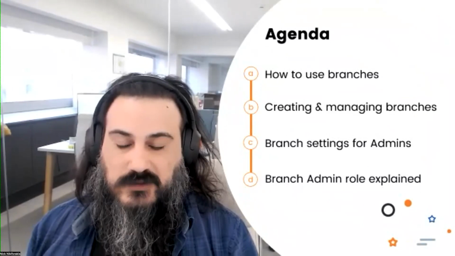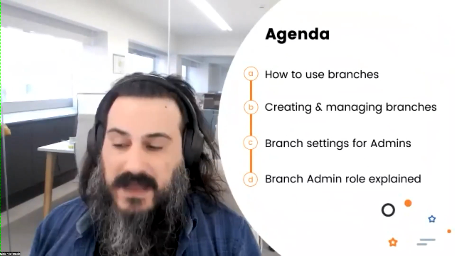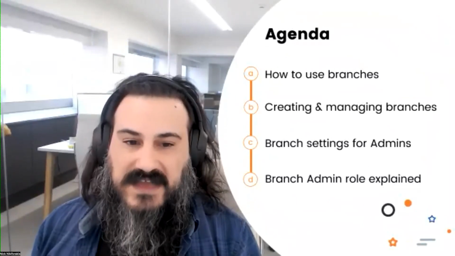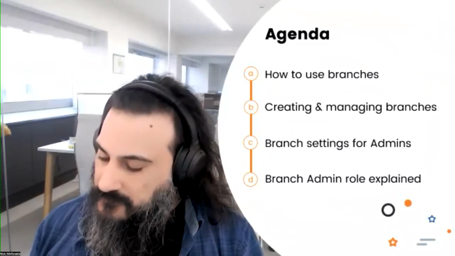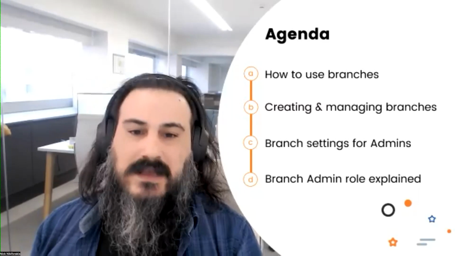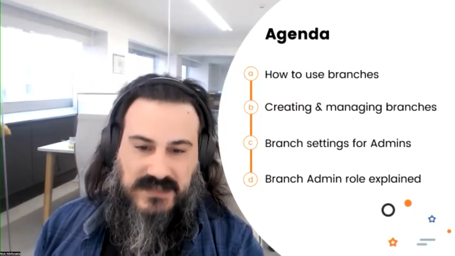We're going to look at the branch settings from the admin perspective, so the overall admin of eFront, how they deal with branches and how they can set them up. But we will also see from the side of the branch administrator, who is the person dedicated to managing the branches, and how they can set up themselves.